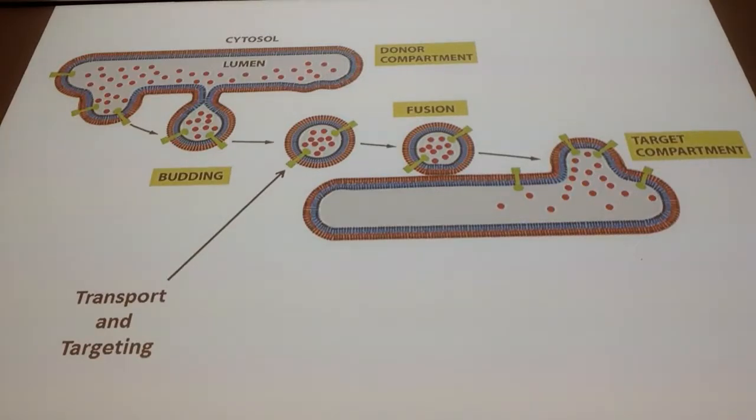And how do these recognition proteins that help in budding recognize that this is the ER membrane? I'll give you a hint. There are three things that it recognizes, the same three things I just talked about: lipid signature, protein signature, and cytosolic submembrane protein meshwork. Those are the three things that are recognized so that budding can occur.